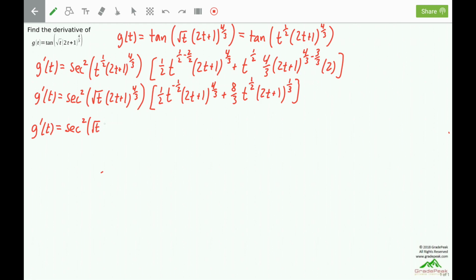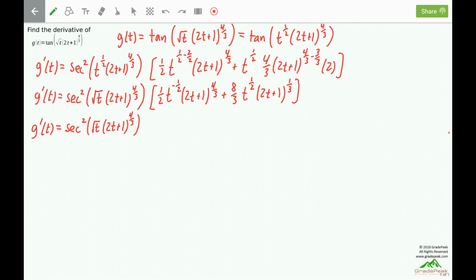It's just going to come along with the result in the square brackets. So I'll just rewrite that exactly as we see it. Now inside the square brackets, we're going to have common factors. We have constants, we have powers of t, and we have powers of 2t plus 1. And each of those can be factored.